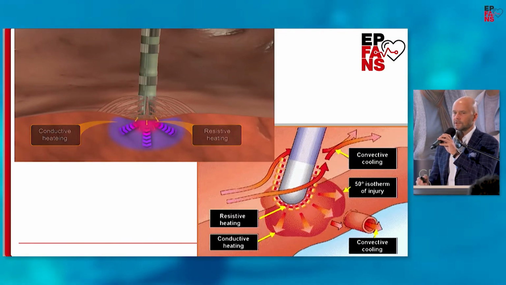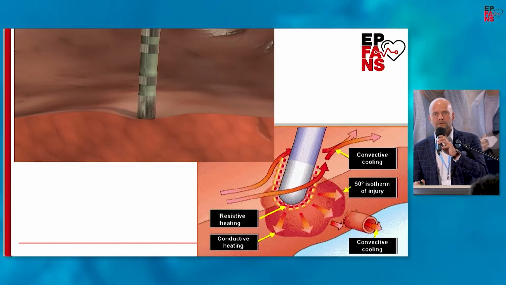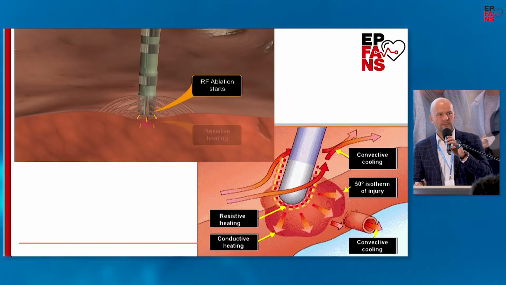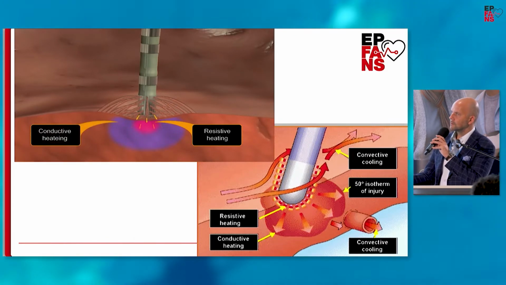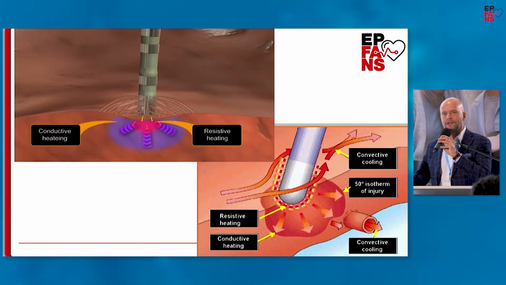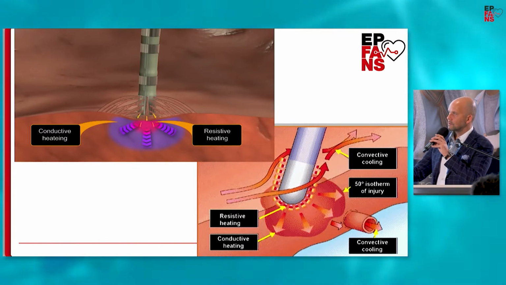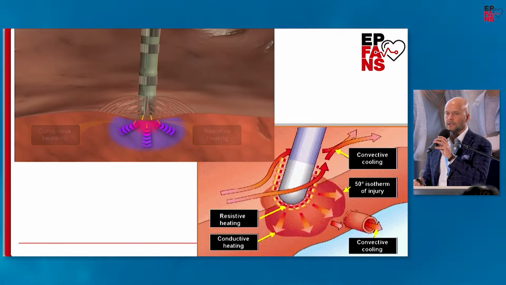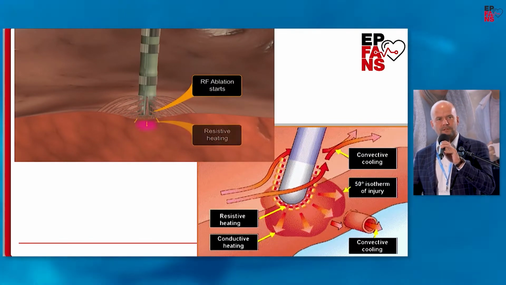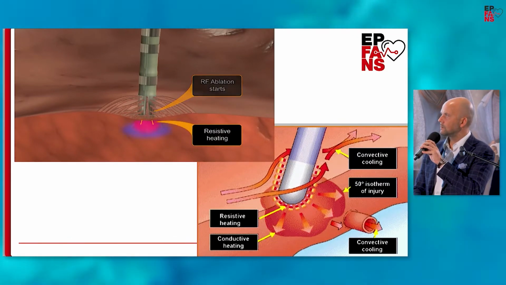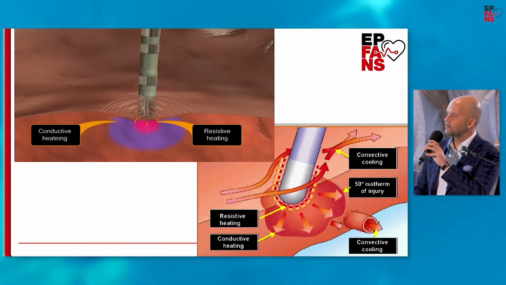It is extremely important in case of slow pathway ablation, because when you ablate in slow pathway region and you observe junctional beats or rhythm, you have to stop ablation immediately after first junctional beat being not conducted to the ventricles.